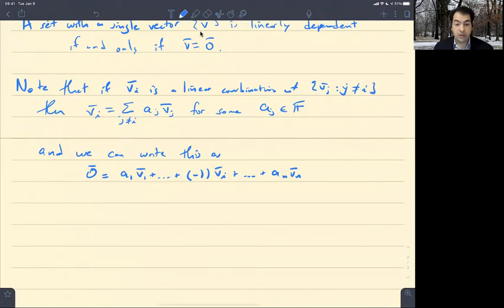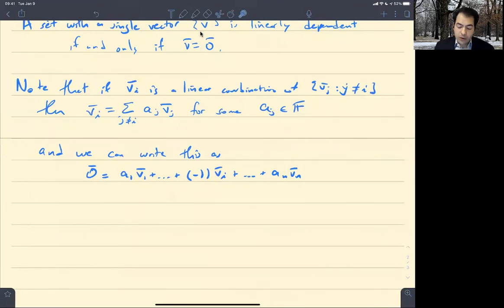Right, so by putting it on the other side, I now have 0 on this side, and notice that I'm writing 0 as a linear combination of the vectors in the set. But importantly, because this coefficient is not 0, this is a non-trivial linear combination.